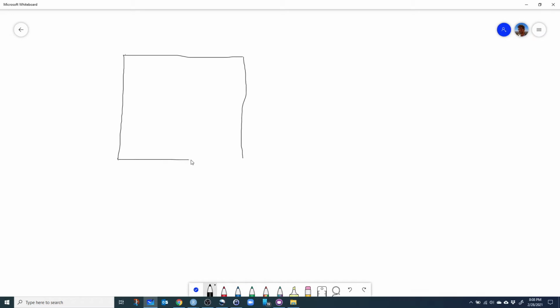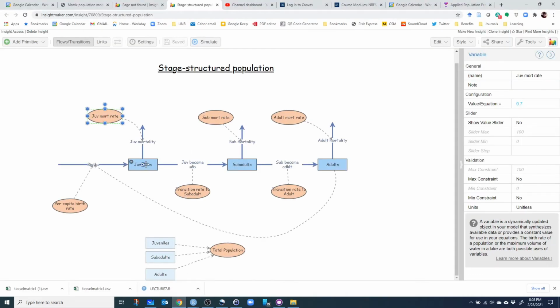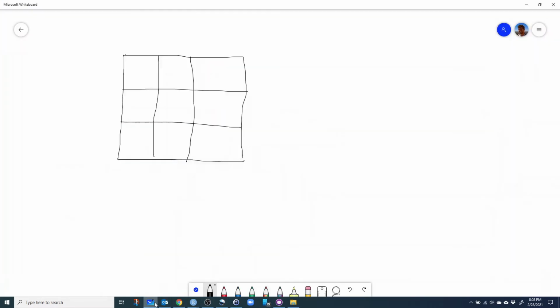So we're going to have 3 columns and 3 rows. And we can name each of these exactly the same as we named the stages: juvenile, subadult, and adult. Those are going to be the names of our rows and our columns.